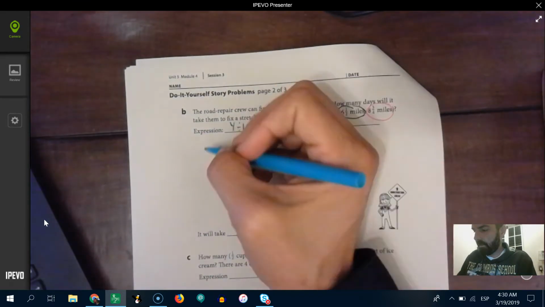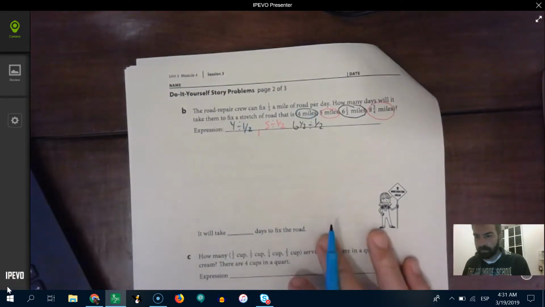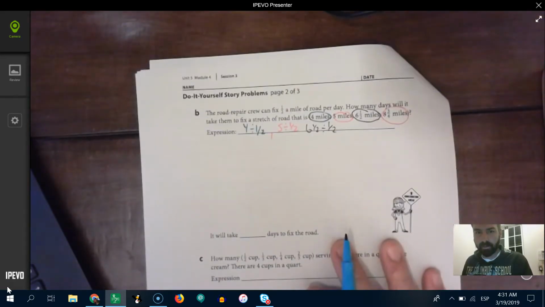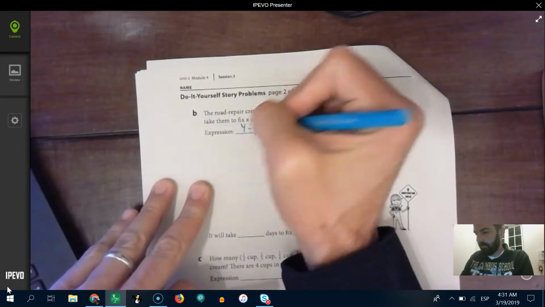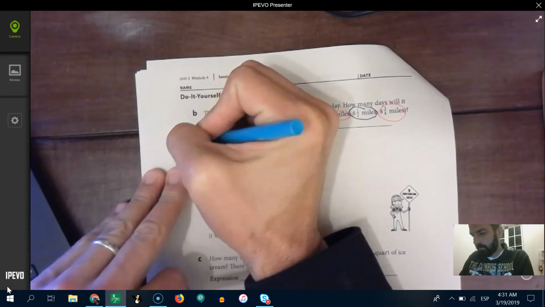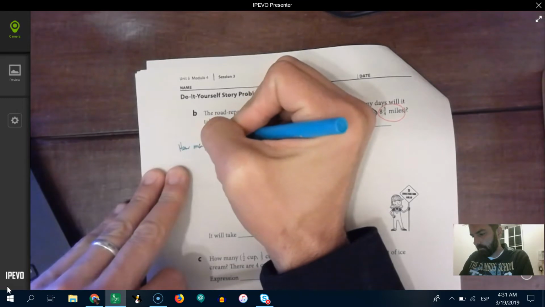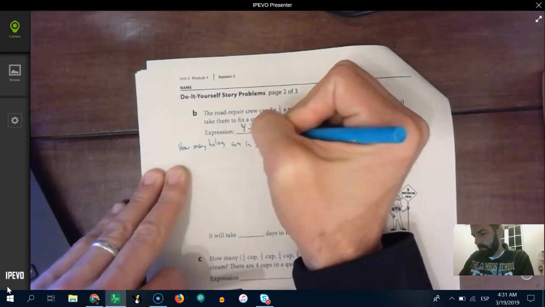So I think I'm going to think through this. Because I'm doing so many problems, I'm going to try to be a little bit more efficient in my thinking here. So I'm going to put 4 divided by a half. How many halves are in 1?